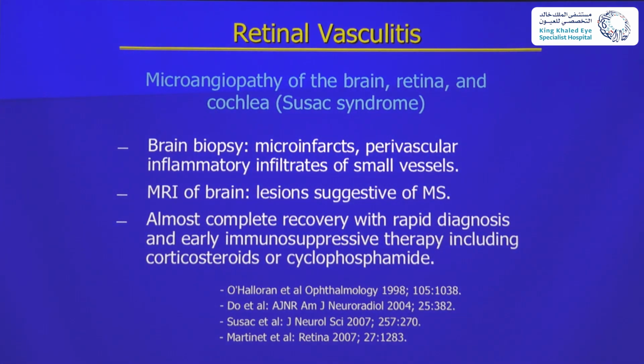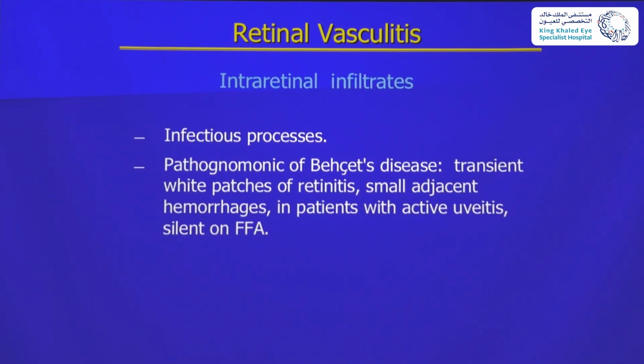It's a lethal disease, so we have to make the correct diagnosis. The brain biopsy will show microinfarctions and perivascular inflammatory infiltrate of the small vessels. On MRI of the brain, the lesions are similar to those of multiple sclerosis, and if you diagnose this disease, the patient needs immunosuppressive therapy combining corticosteroids and cyclophosphamide.